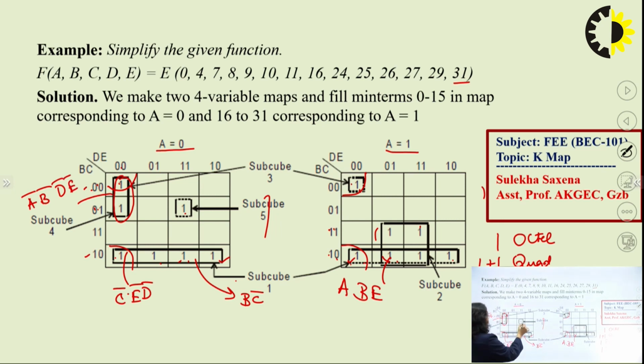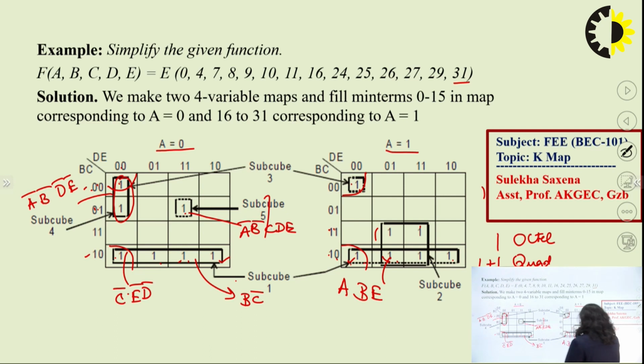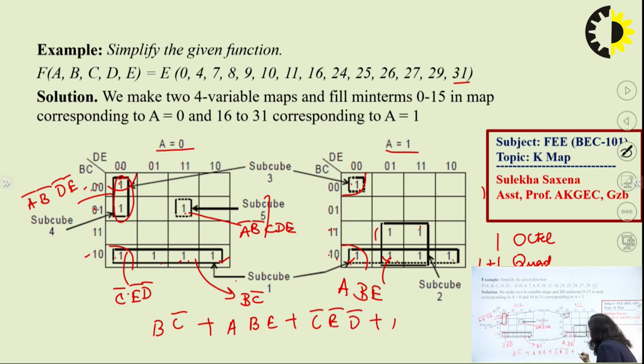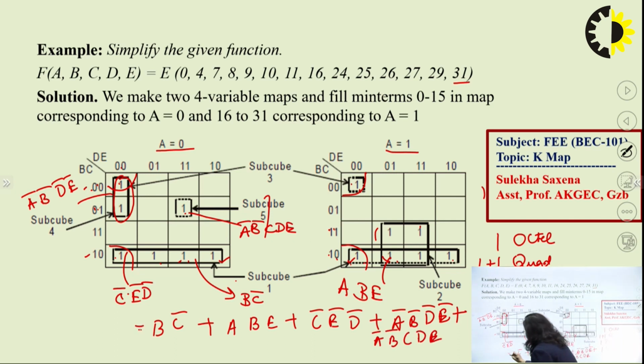And for this single one the value will be A bar, B bar, C, D, E. So the resultant expression consists of 5 terms: B C bar plus A B E plus C bar E bar D bar plus A bar B bar D bar E bar plus A bar B C D E. So this is the final expression of the 5 variable K-map.